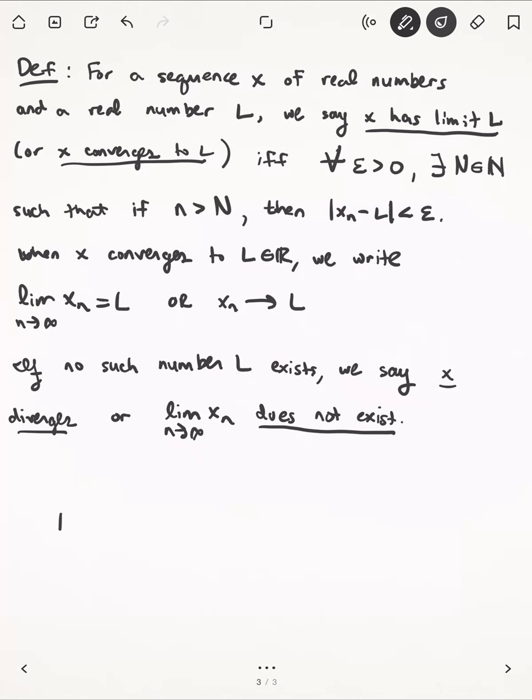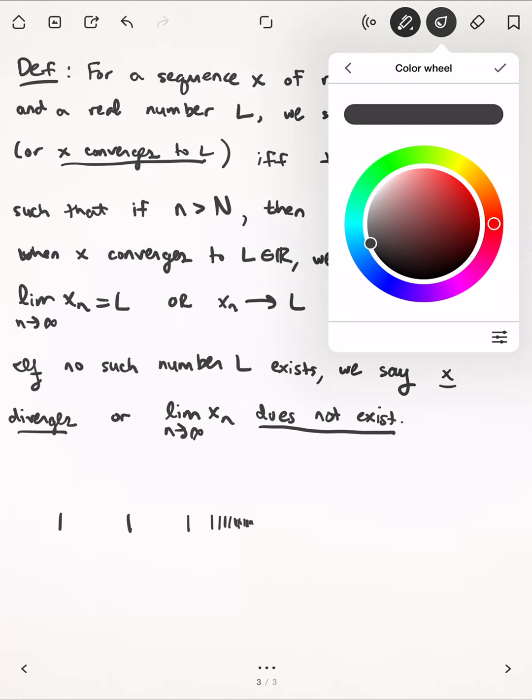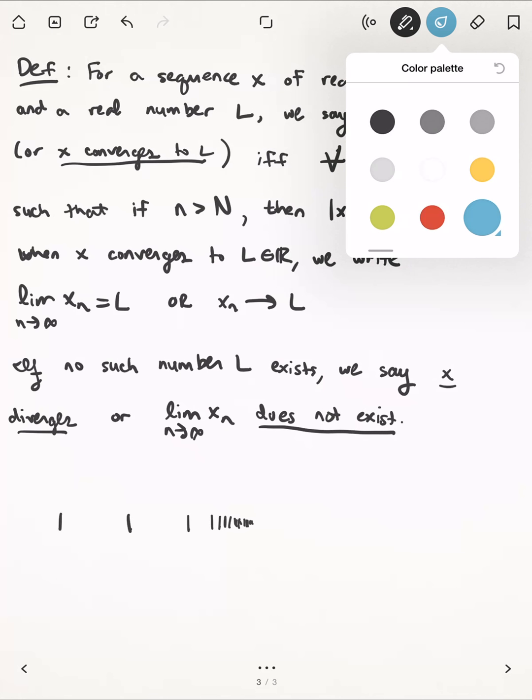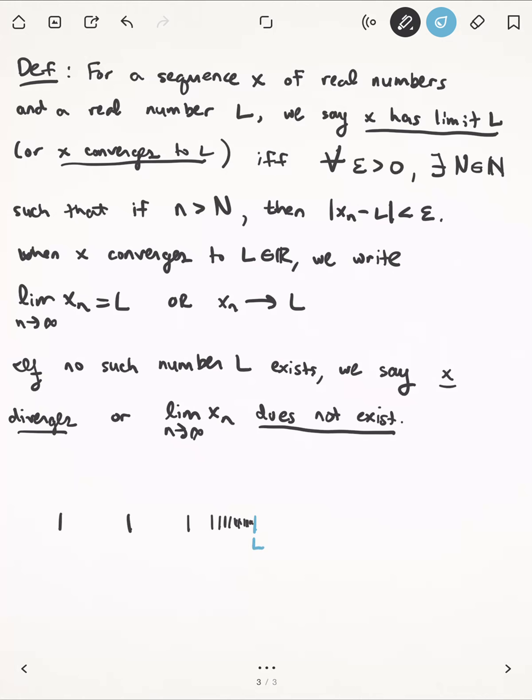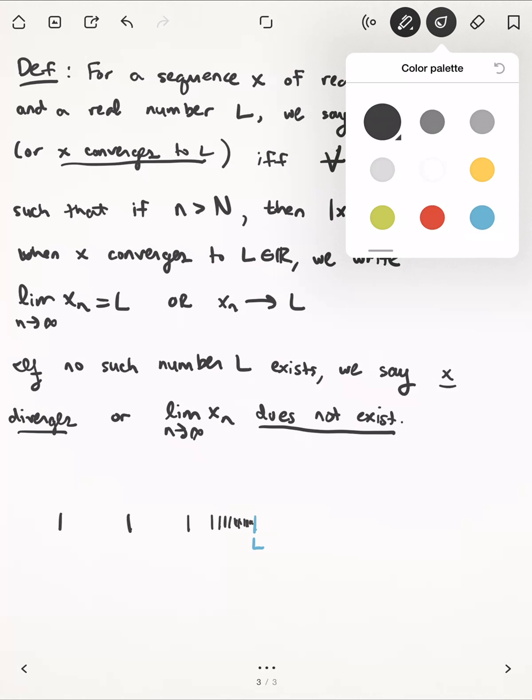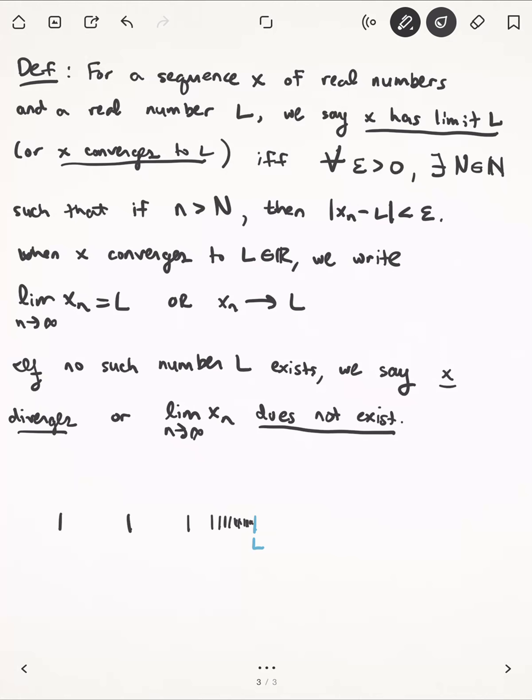So I have some sequence that looks like this. And then right here I have L, which is going to be the limit of that sequence. Let me just write down that this, let's say, is x1, x2, x3, x4, and so on and so forth.